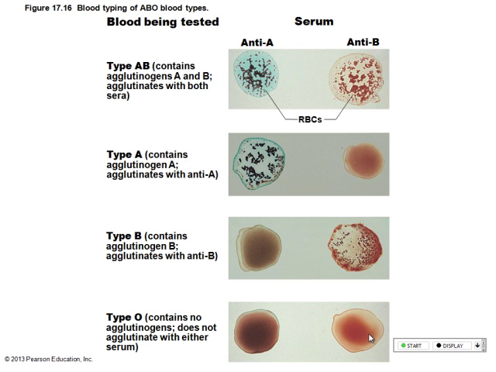Big, huge clumps. That's what happens in your body if antibody and antigen react. So if I'm type AB and I put the chemicals on, both of them will clump. Because why?